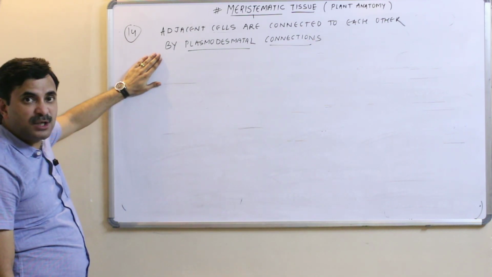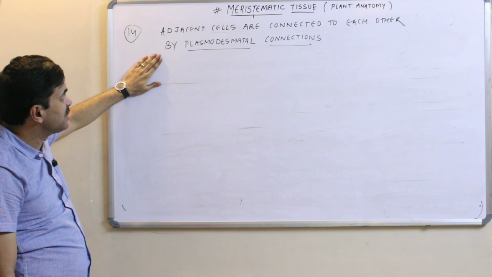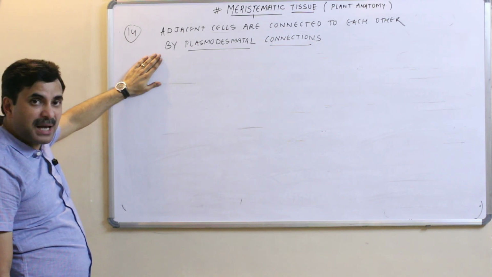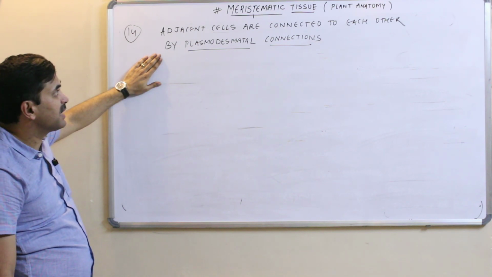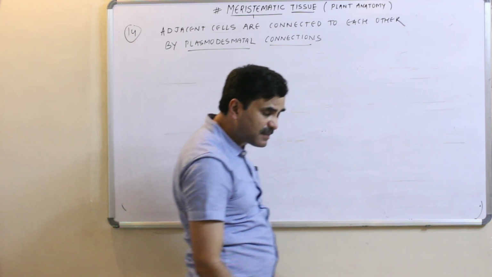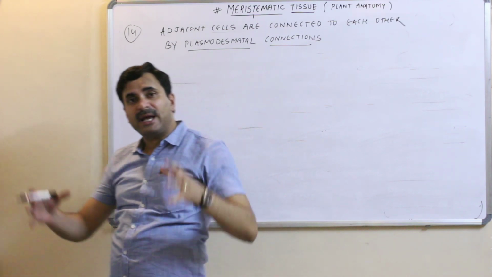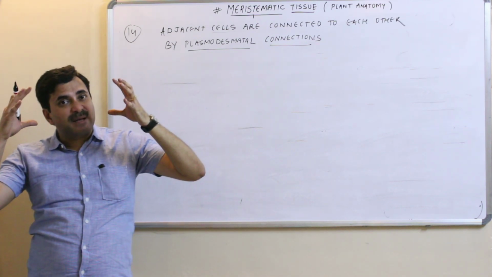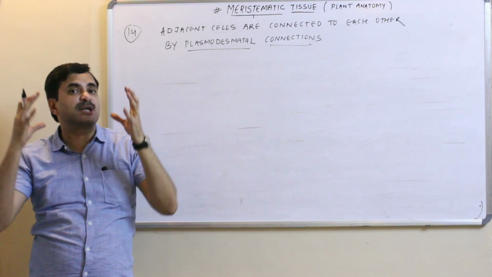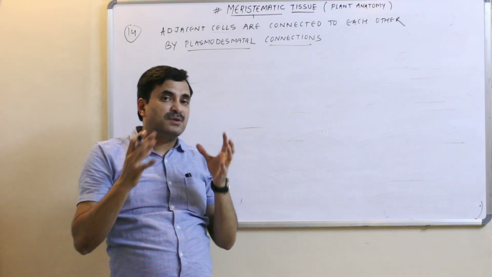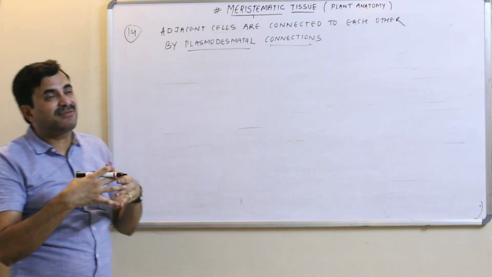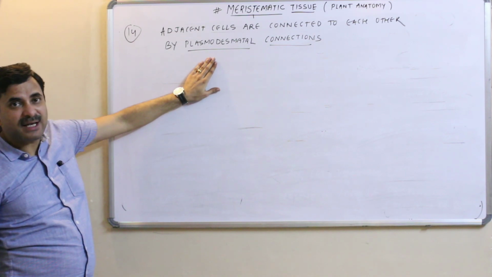You know what are plasmodesmatal connections? Plasmodesmata are found in the cell wall, and they are meant for the exchange of the cytoplasm between the two cells. The cytoplasm of two cells is in contact with each other with the help of these connections.